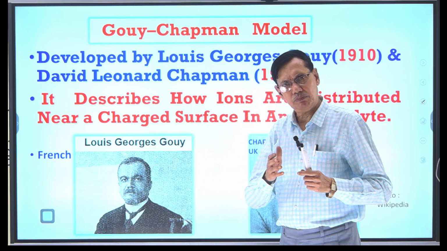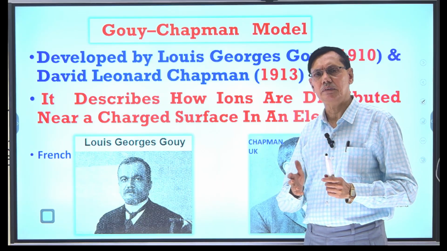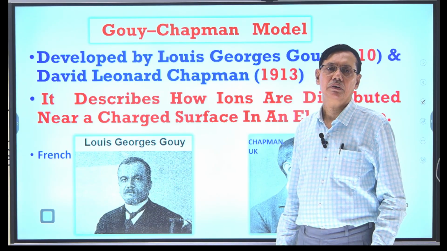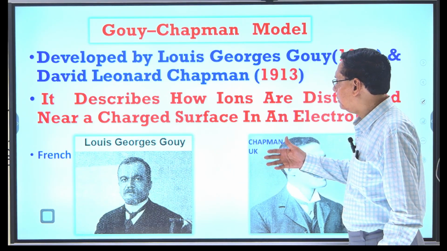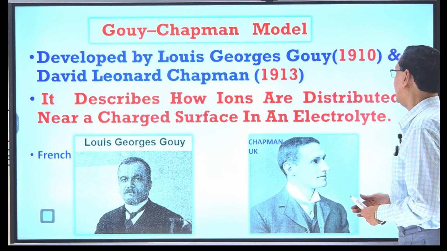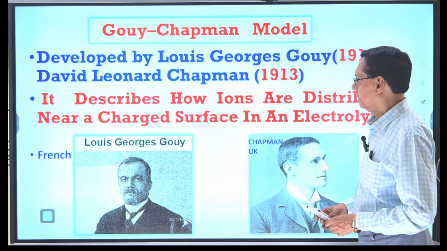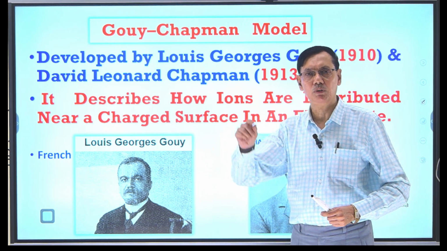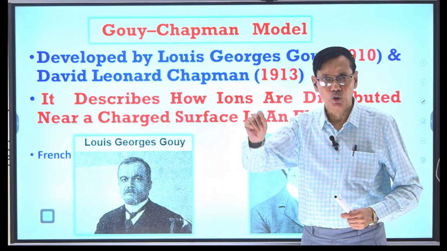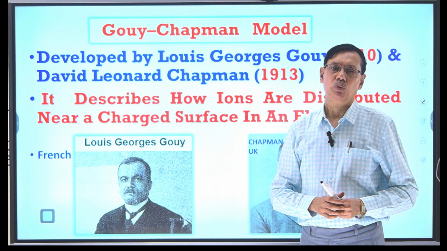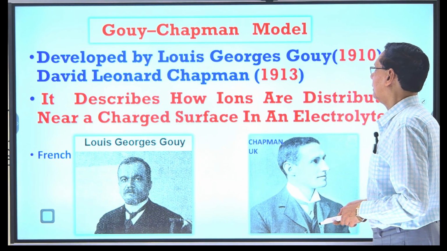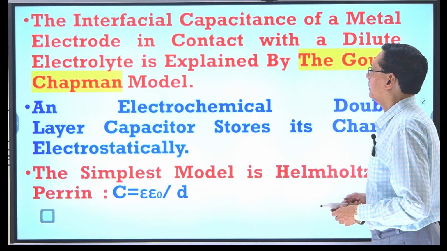But sometimes, due to thermal motion, there is a movement of the ions, and the model describes how those ions are distributed near a charged surface in an electrolyte, and what would be the possible role of the potential gradient. That has to be decided by the Gouy and Chapman model.